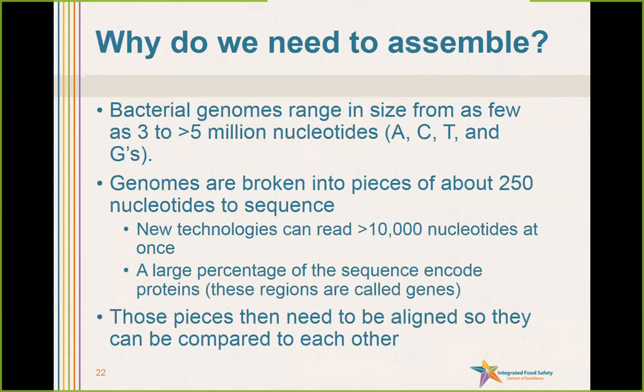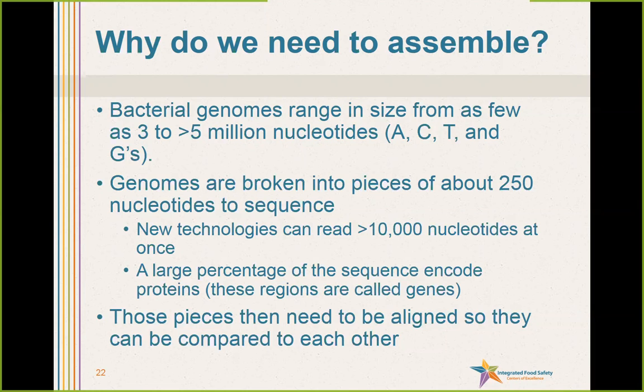So why do we need to assemble in the first place? Bacterial genomes, as I mentioned, are millions of nucleotides. Those A, C, T, and Gs I remember back from college biology. These genomes need to be broken into smaller pieces in order to process and sequence. The current technology looks at pieces of about 250 nucleotides to sequence.